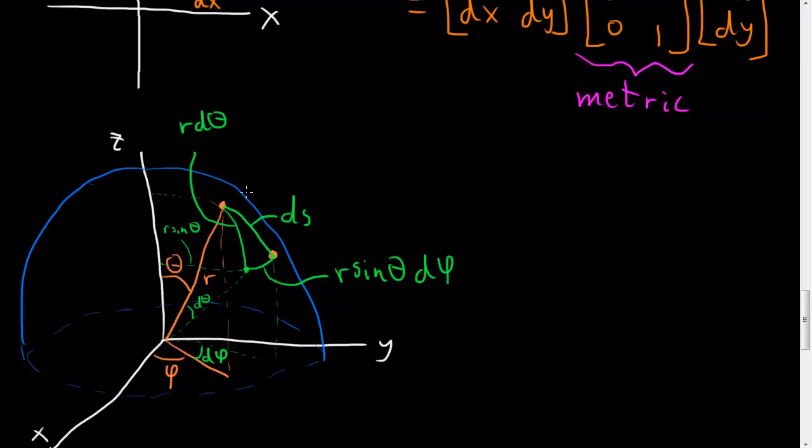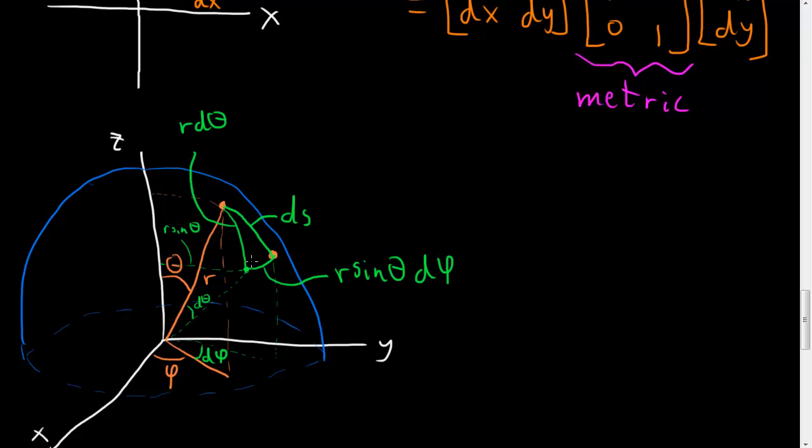And now we consider an infinitesimal separation, which is why I ignored that theta plus d theta. We're going to imagine that these points are very, very close together, and that's the only case we care about. When we write a metric, we really only care about the distance between infinitesimally close points. So sine of theta plus d theta is roughly just sine theta, and this gets very close to a triangle.